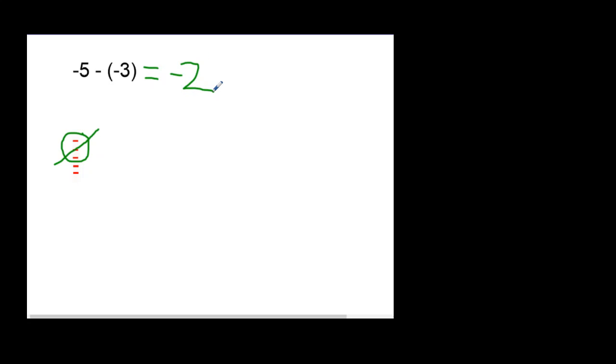This idea of taking away, though, is not the way that mathematicians doing algebra typically think of these types of problems. Again, we typically think of these types of problems as combining. And so to do that, let's look at this example again. I want us to see that if we start with -5 and we take away -3, that of course gives us -2.